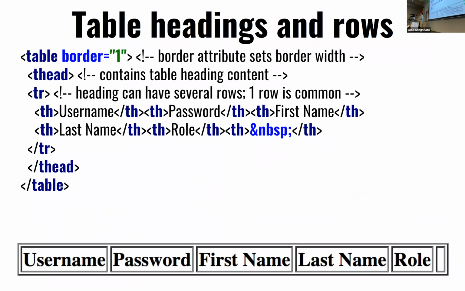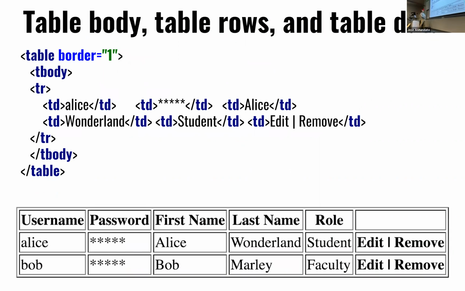Whereas the actual data can be rendered in the T body with a TR for row, so one row, and then you have Alice, password, and so on, Wonderland, student. Notice that I have some tabs, some new lines, some tabbing at the beginning. All that is being ignored by the browser. The browser is ignoring all those tabs. Those tabs are really for myself.